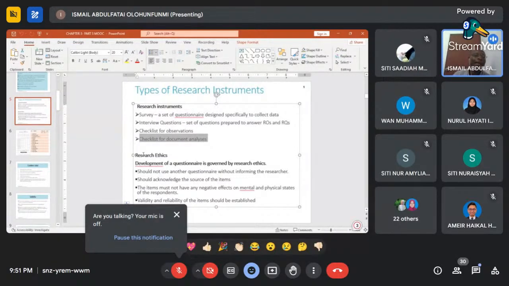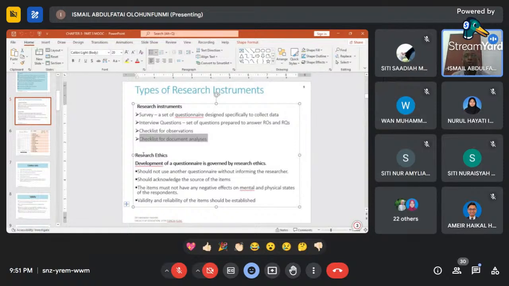The questionnaire I got from Dr. Ismail, 2024. So if you show that you collected that questionnaire from somebody, you are not claiming the ownership of something that does not belong to you.